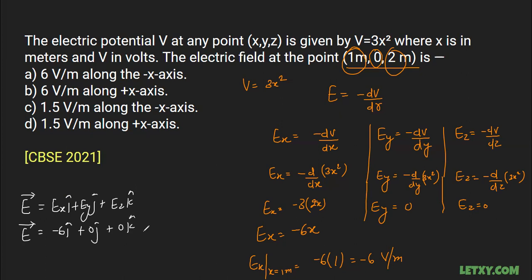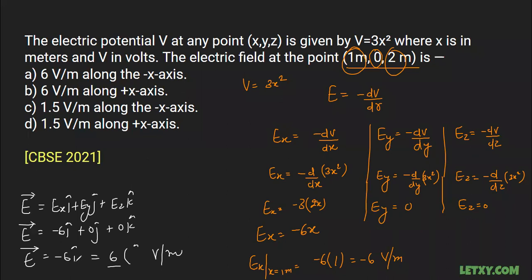Since the zeros come out, we neglect them. We also have to consider the direction. So we can divide this into two parts: 6 and minus i, in volt per meter. 6 is the magnitude of the electric field and minus i shows the direction. My mistake, it should not be minus j, it should be i.